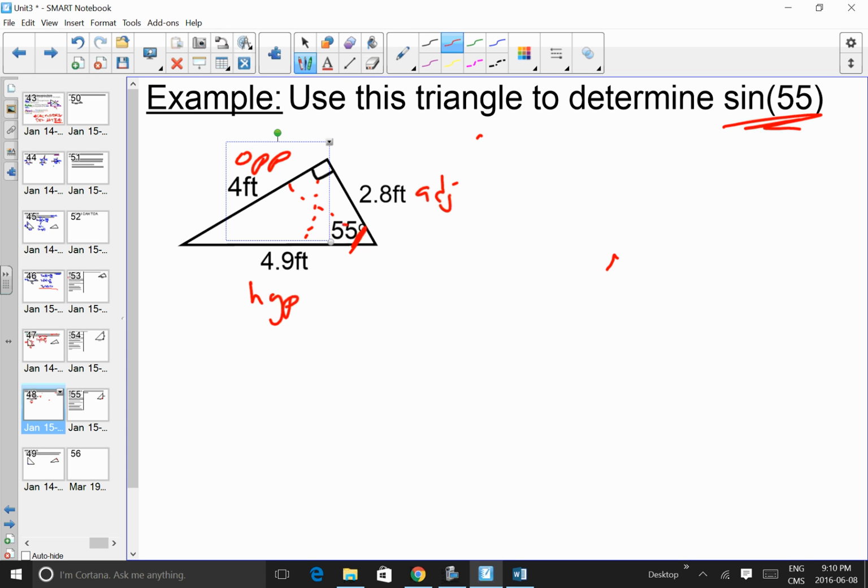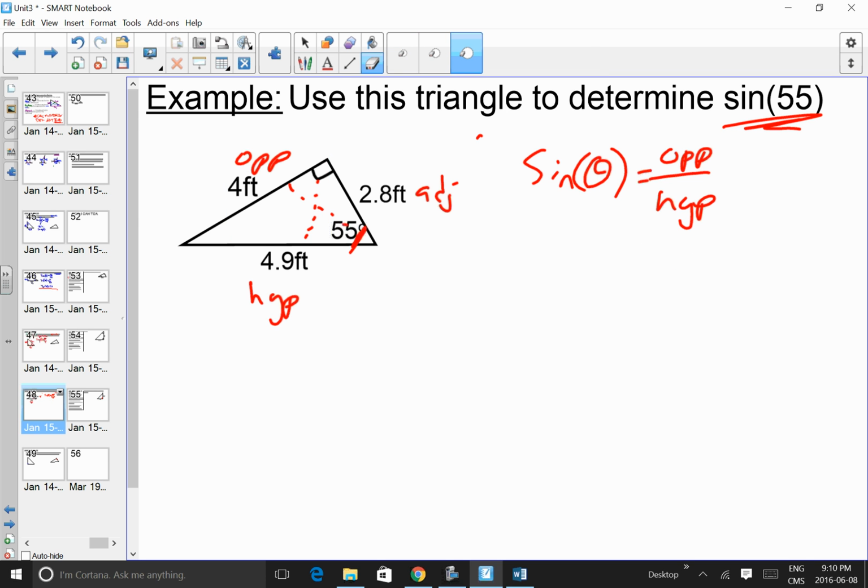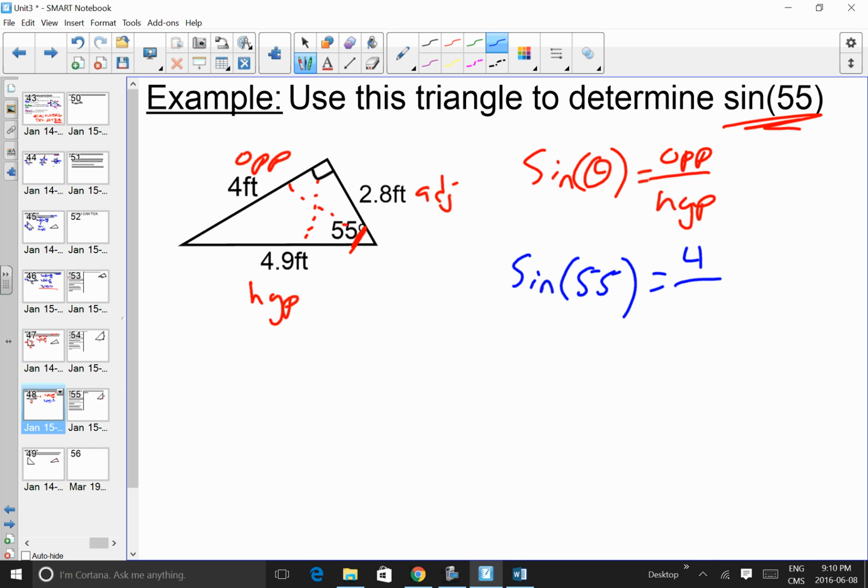So now I'm going to write down my formula for sine. Sine of some angle is my opposite side divided by my hypotenuse. Let's get rid of this accidental stuff here. So I'm going to sub in my numbers. Sine of my 55-degree angle is my opposite side, which was 4, divided by my hypotenuse, which is 4.9.